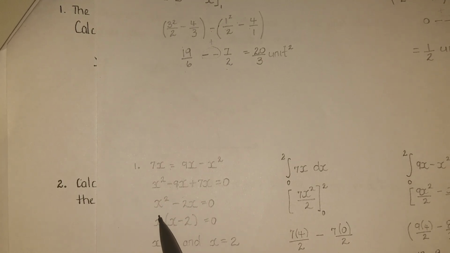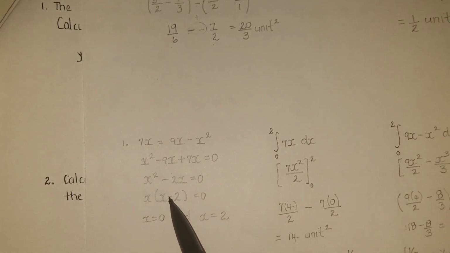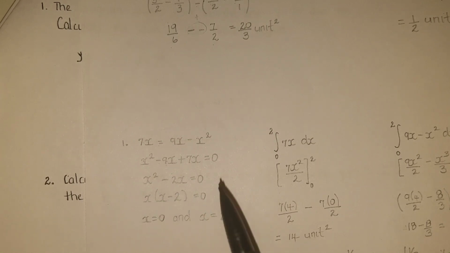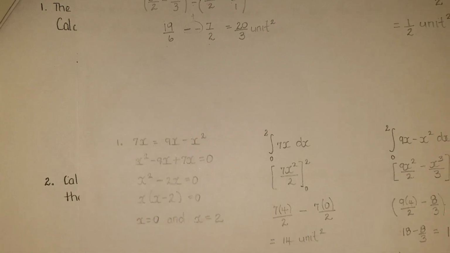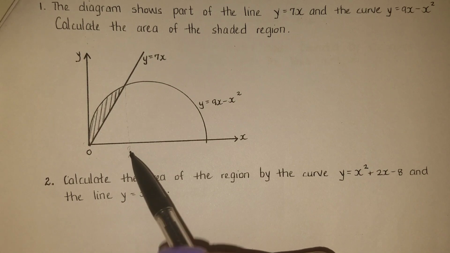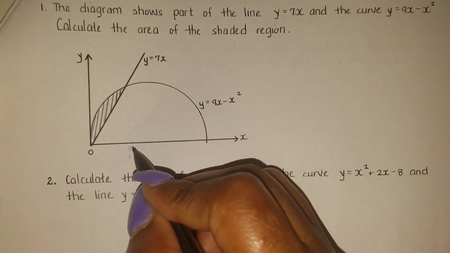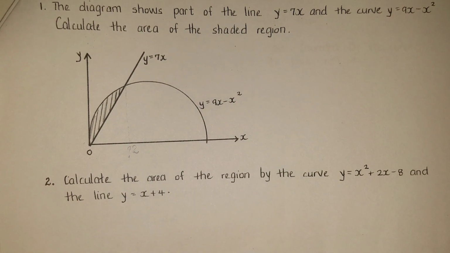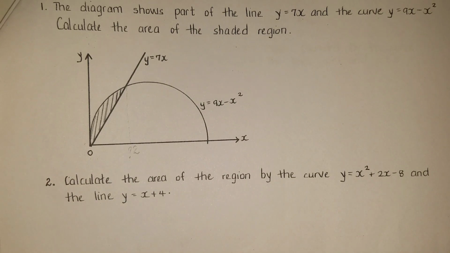Factor out what's common, which is an x, to be left with x minus 2 in brackets. So now our values of x are 0 and 2. We already have our 0 on our diagram, so that means that this unknown intersection, or this upper limit, is 2. Now that we have our limits, we can go ahead and integrate.